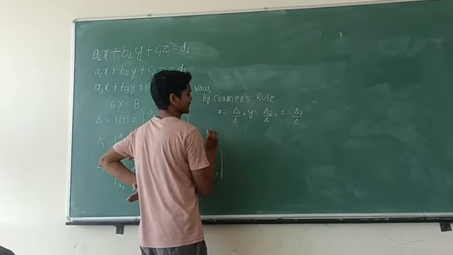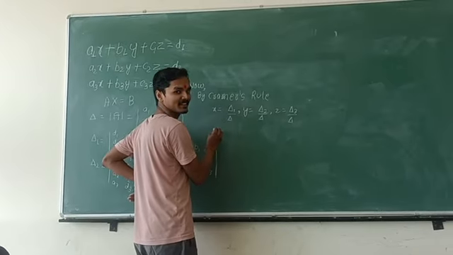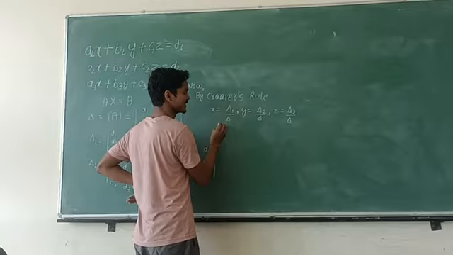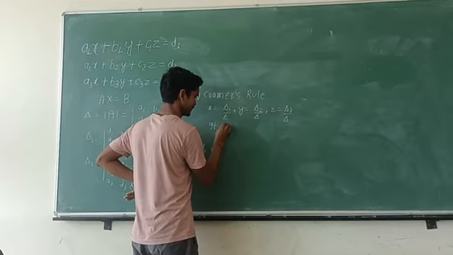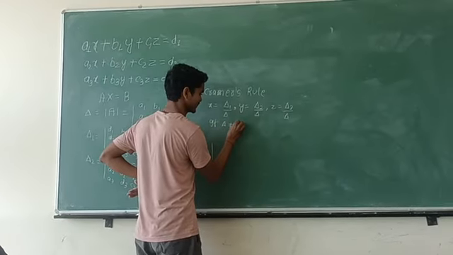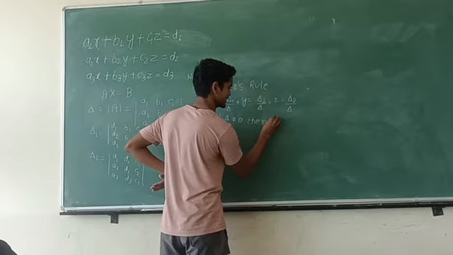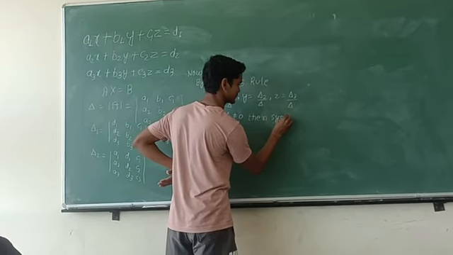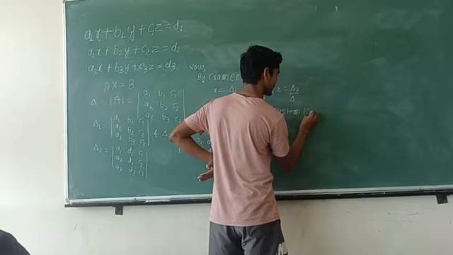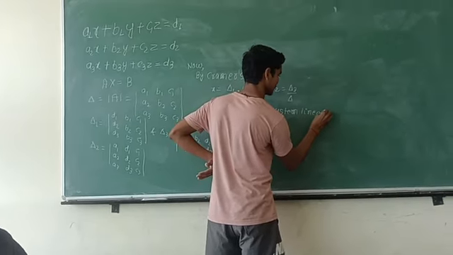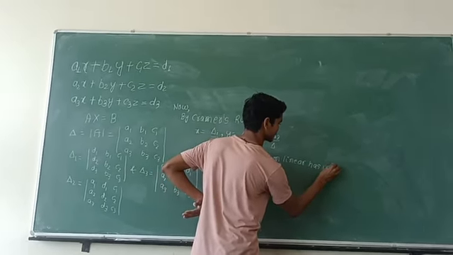Here a question arises: a system of linear equations has solutions that are consistent or inconsistent. The system is consistent if delta is not equal to 0. Then the system of linear equations has a unique solution.